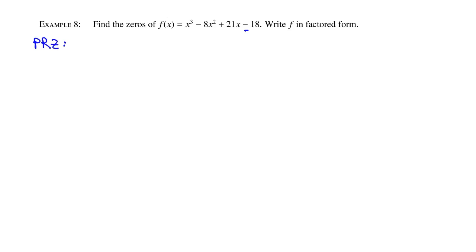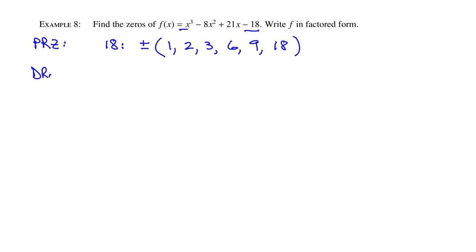Since we have 18 here and a 1 here, factoring 18 gives me everything that I need, because all we would do is then divide everything by 1 to get the same numbers. So it would be plus or minus 1, 2, 3, 6, 9, and 18. So that's my PRZ.